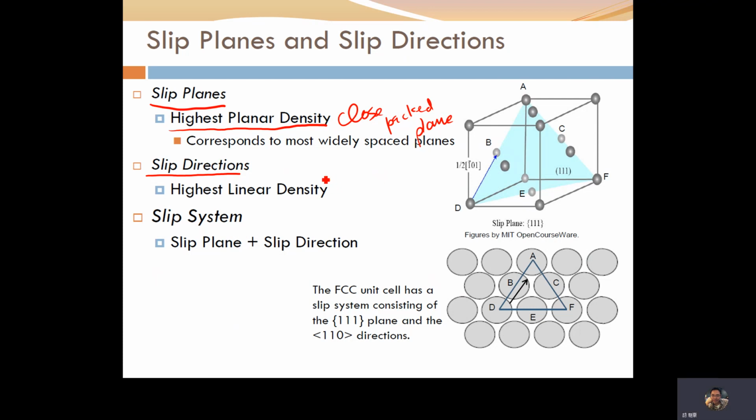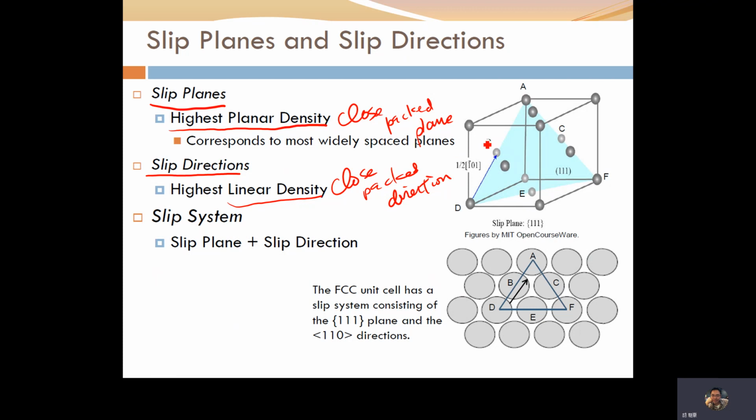And the slip directions are those with the highest linear density. That means the close-packed direction, right?